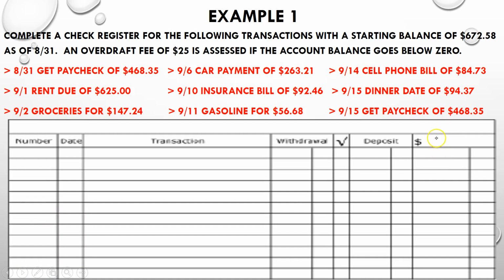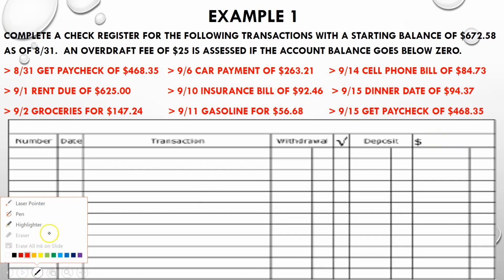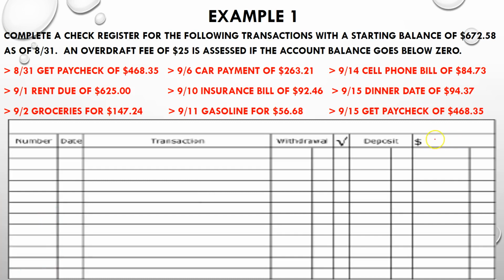So we've got 672.58. All right, now notice up there, there's nowhere to put in a description. So it's understood when you're putting money in that top box that it must have been your starting balance. All right, so we started with that much money.